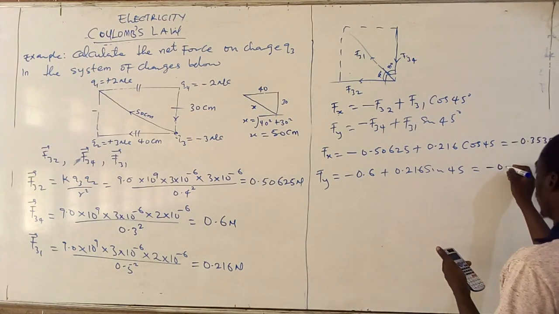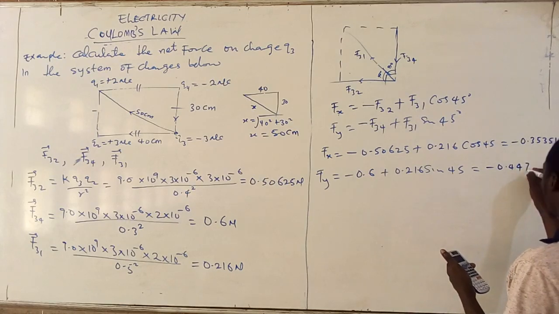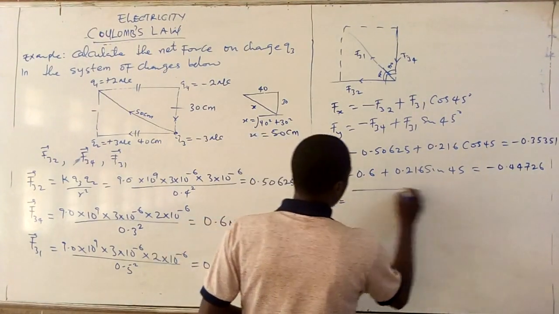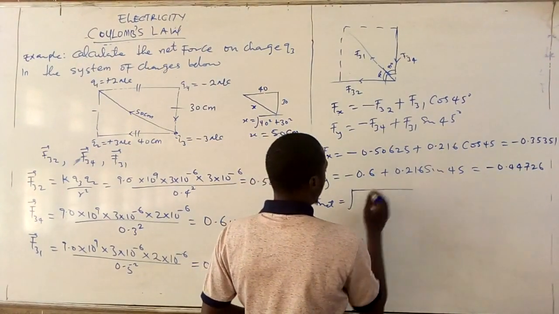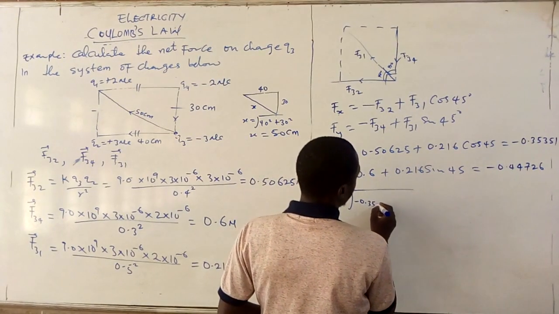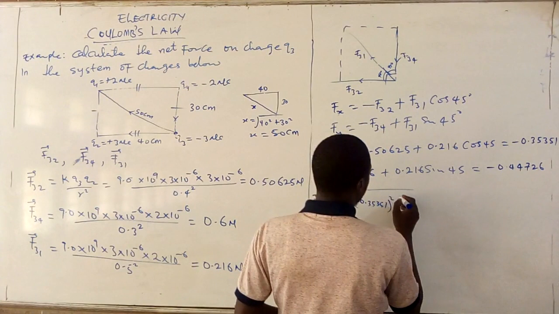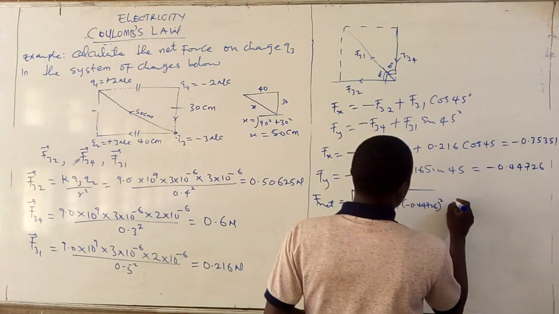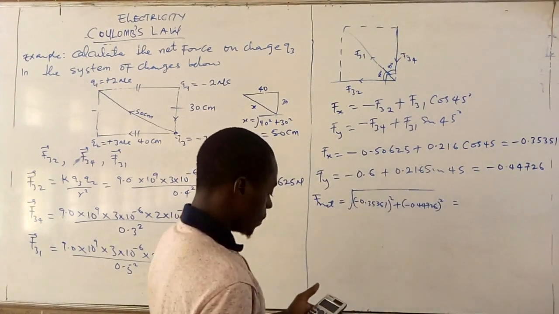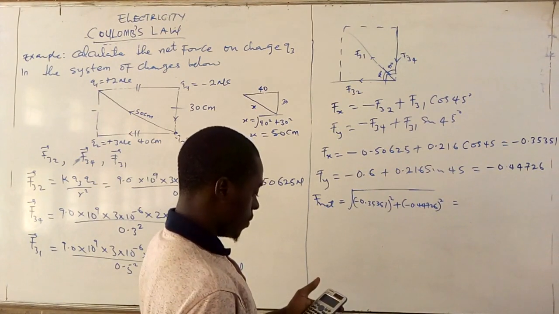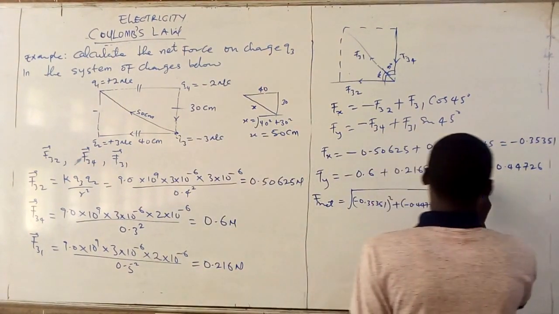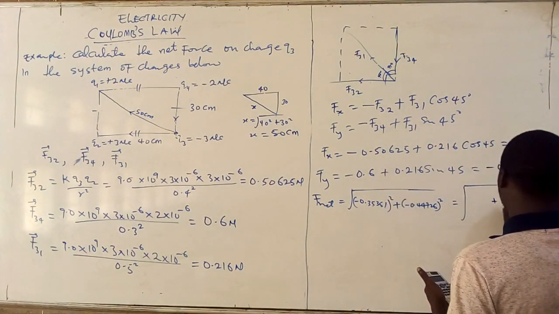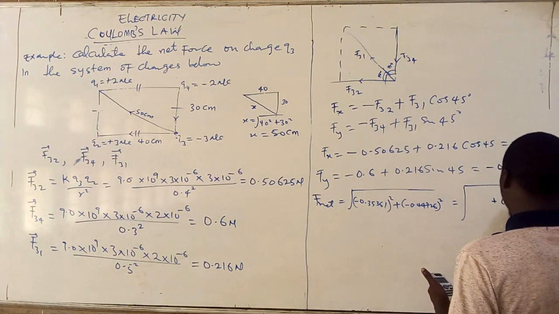minus 0.44726. So if I take, I will now say the net force is equal to the square root of f of x squared, which is minus 0.35351 squared plus minus 0.44726 squared. Which is the same thing as 0.2 square, 0.2.